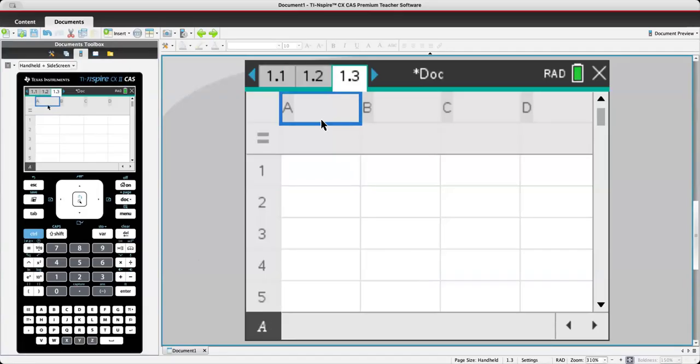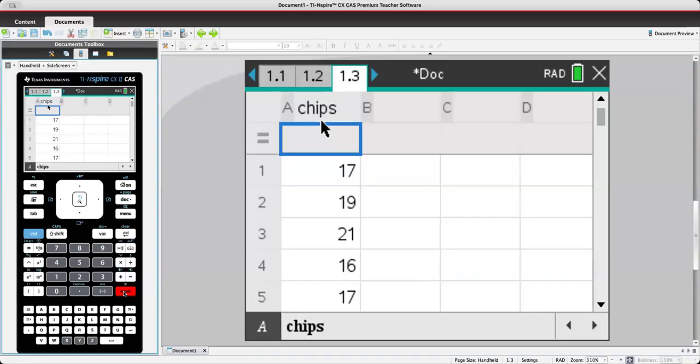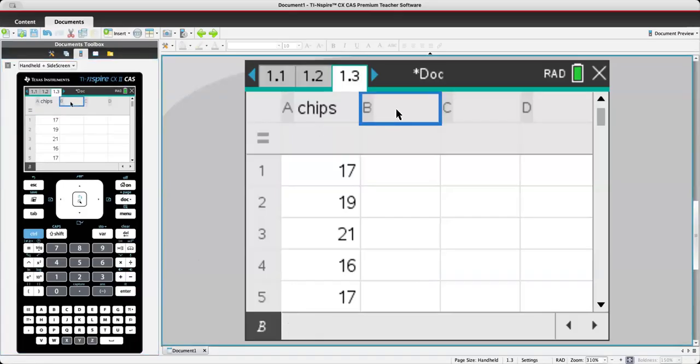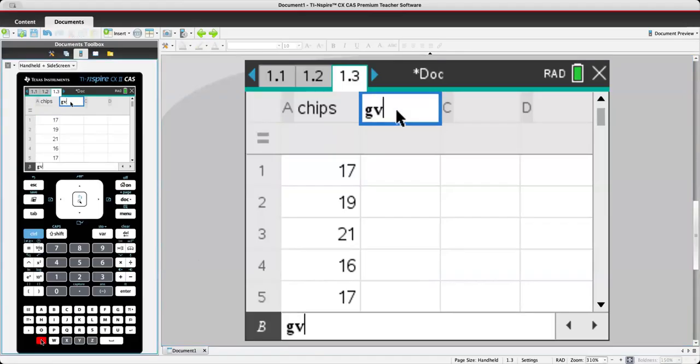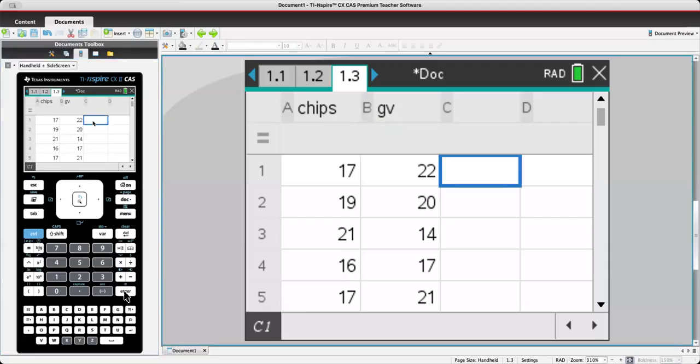So go ahead and name it. So I called mine chips for the Chips Ahoy. Here I called this GB for Great Value. And so you need to go ahead and put your data in there, please.